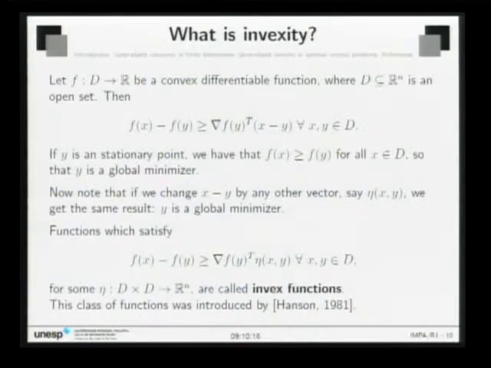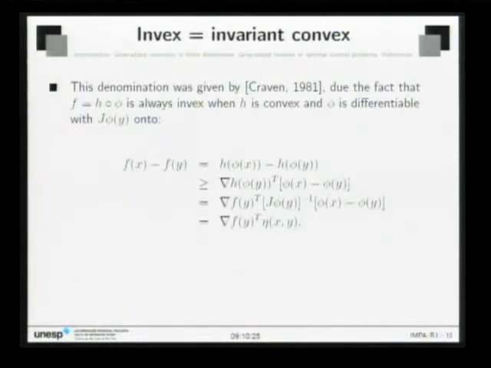This class of functions were called invex functions, not by the person who published the first work on this subject, but by someone else called Craven, in the same year. He coined this word invex for the following reason: if you have a convex function, you compose it with a differentiable function whose Jacobian is onto, we can somehow distort the graph of the function.